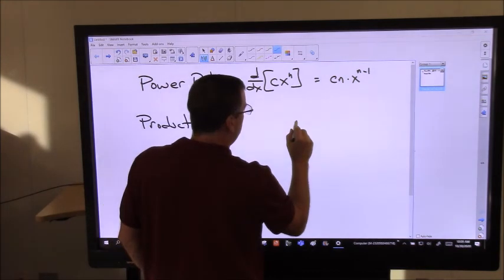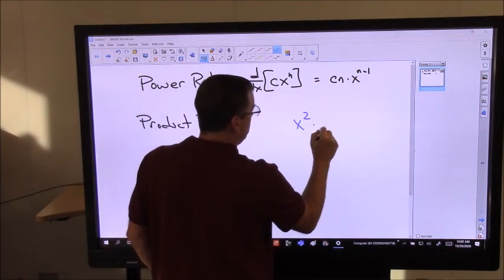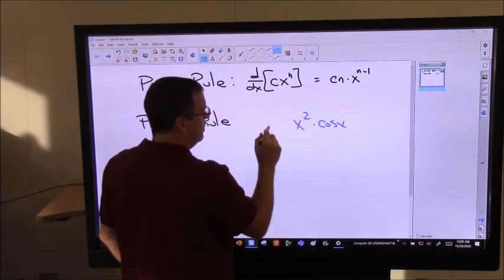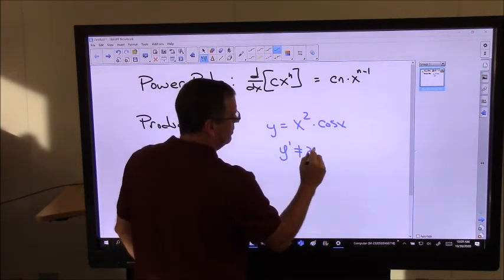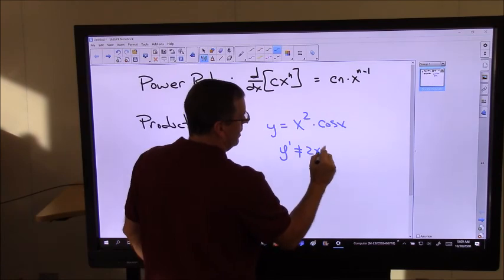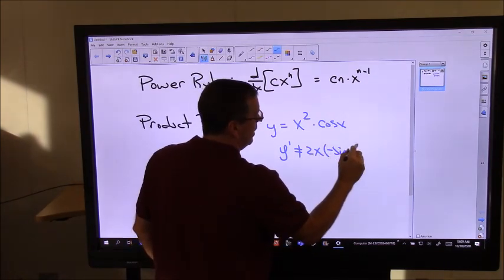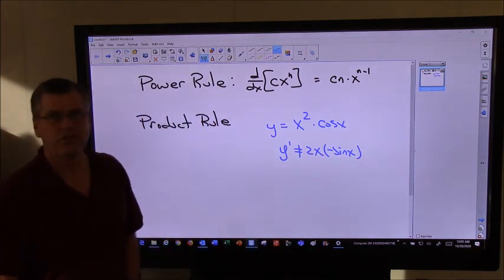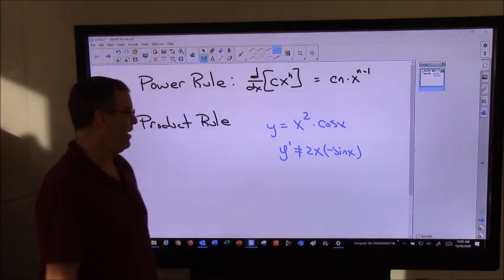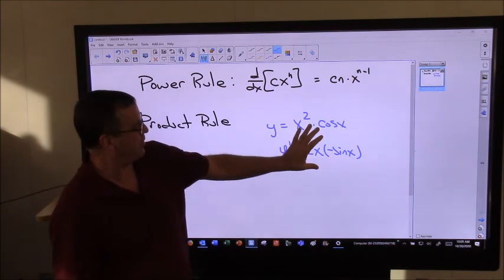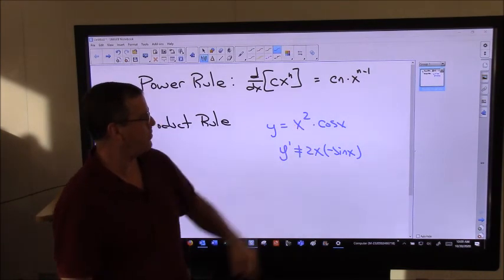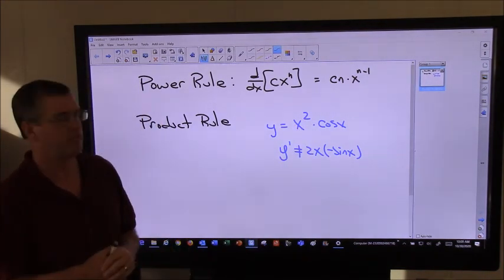If I said x squared times a cosine of x, the derivative of that is not 2x times a negative sine of x. Unfortunately, it doesn't work like that. So we're going to have to develop a rule for how to take a derivative when we are multiplying two things that cannot be simplified.